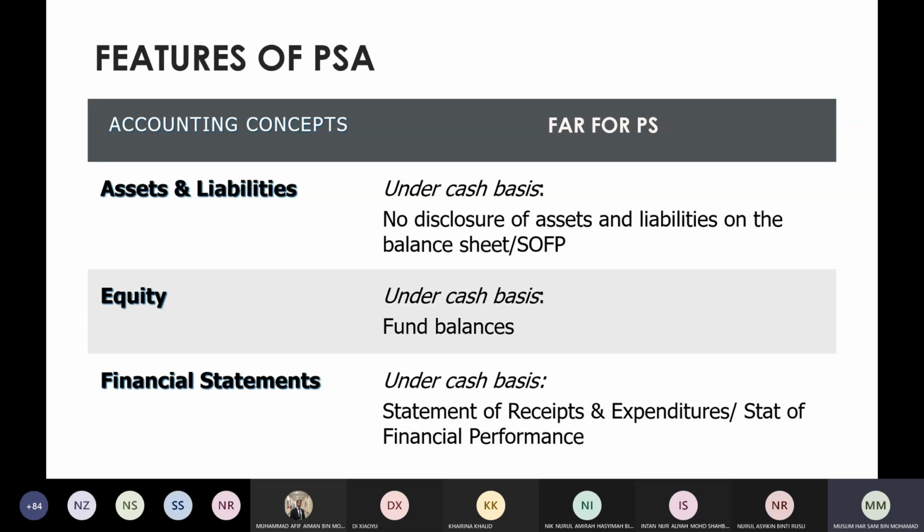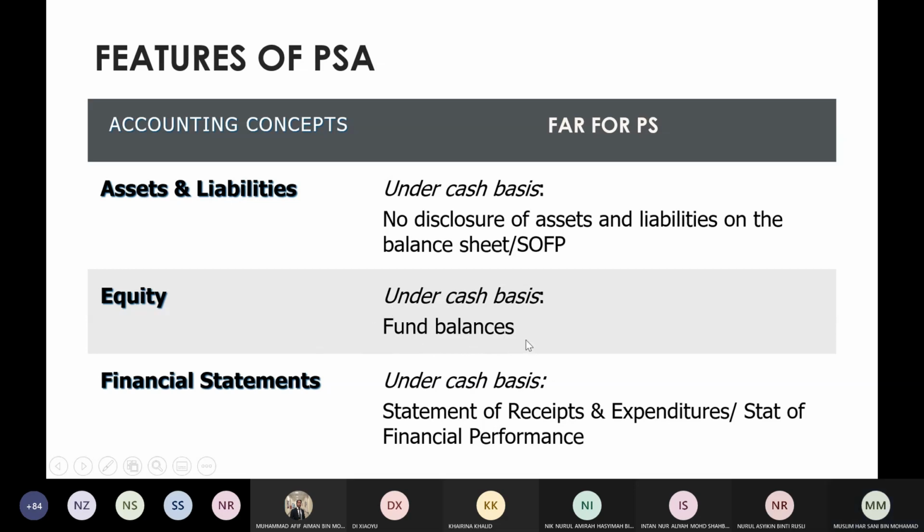On equity, even under accrual, you will see fund balance. They don't have common shares or preferred shares, debentures. But for equity, you will expect they will show fund balances. Did you ever see this in a financial statement in the private sector, fund balance?